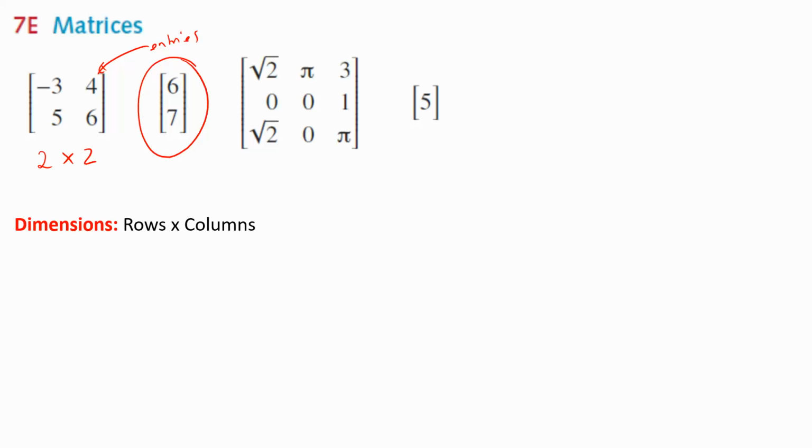They all fit, 6, 7 is under 1 column. See, this one is negative 3 and 5, that's 1 column. That's 4 and 6, that's another column. So that's 2 columns. This is negative 3 and 4, 5 and 6. So 2 rows, 2 columns. So this is 2 rows and 1 column. So we call this a matrix of 2 by 1. It's a 2 by 1 matrix.